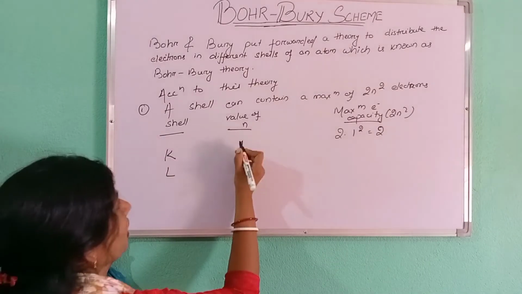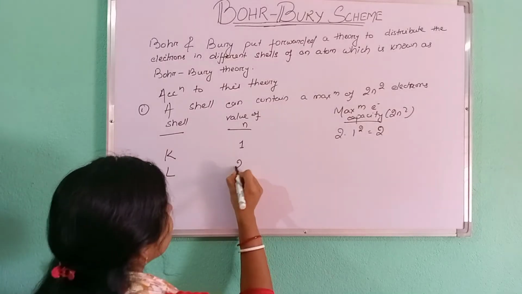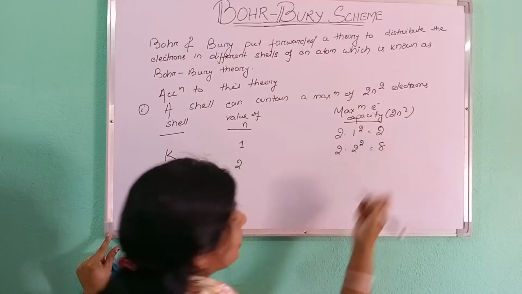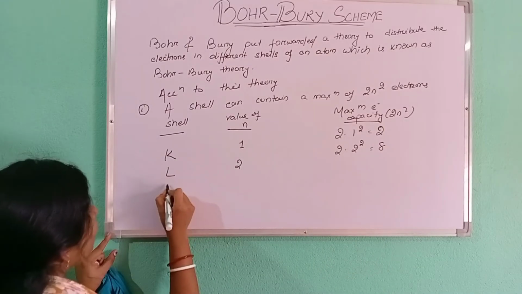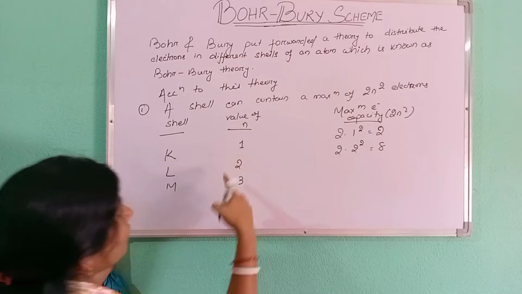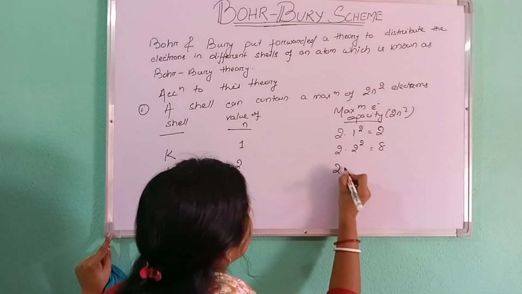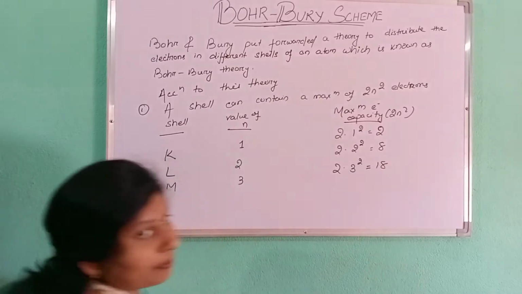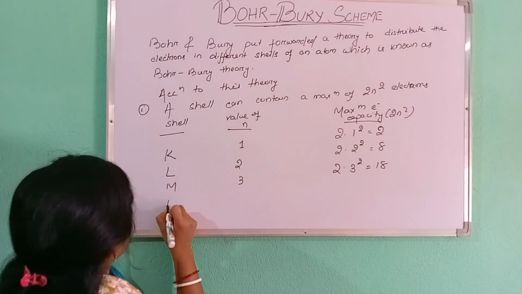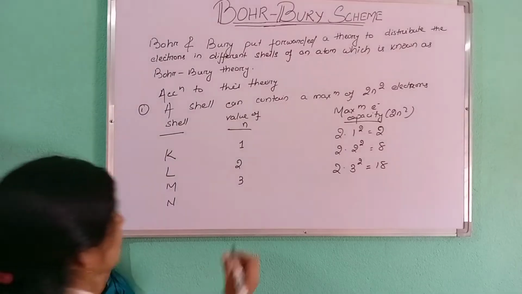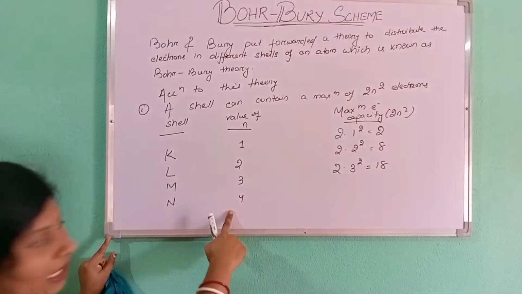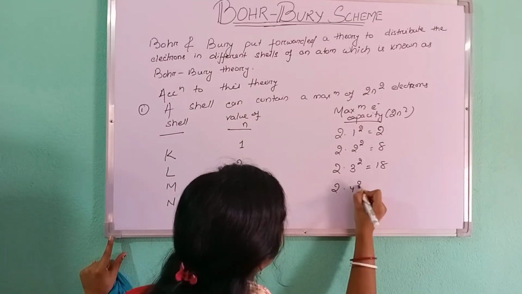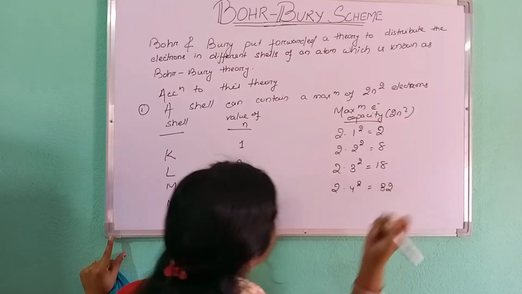For L cell, the value of n is 2, so we write 2 into 2 square equals 8. For M cell, n value is 3, and 2 into 3 square equals 18. For the last one, N cell, the value of n is 4, and 2n square will be 2 into 4 square, which equals 32.